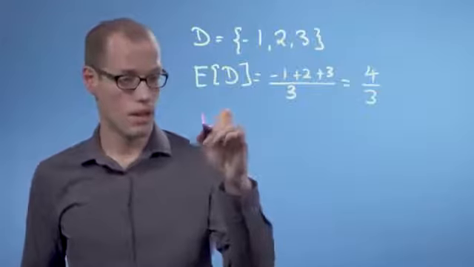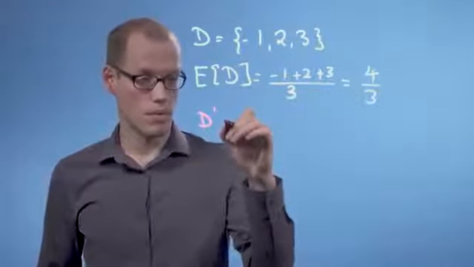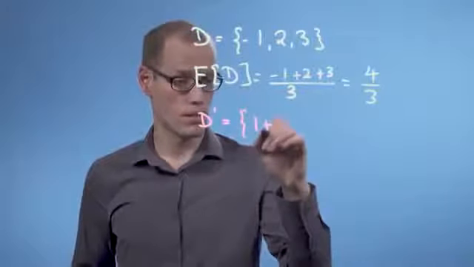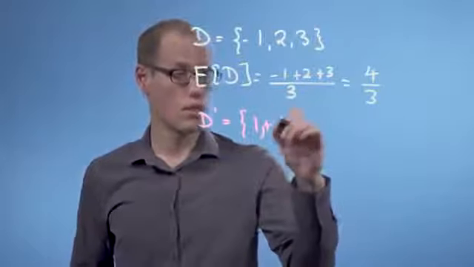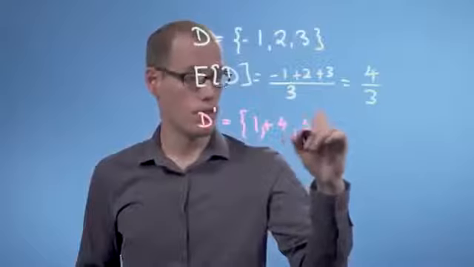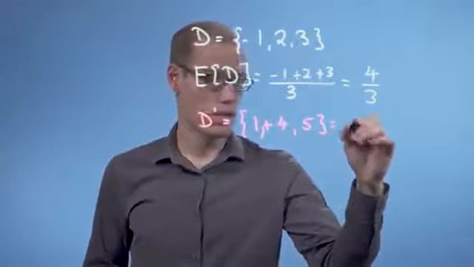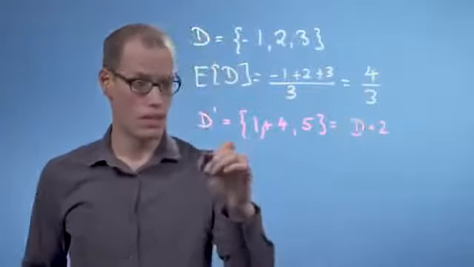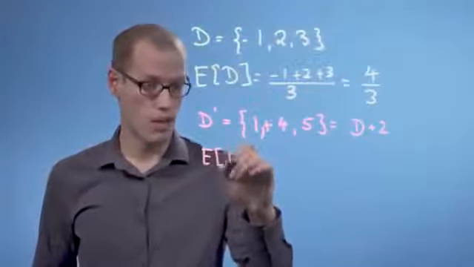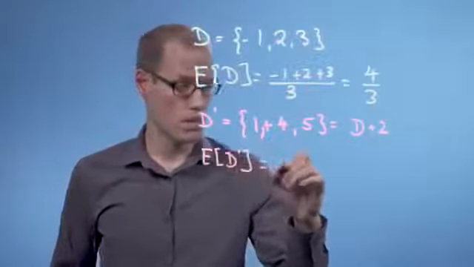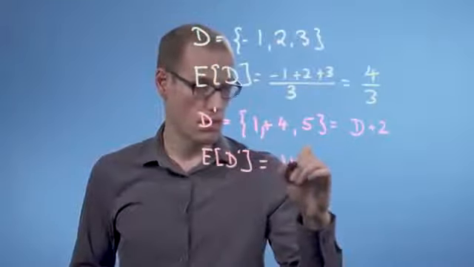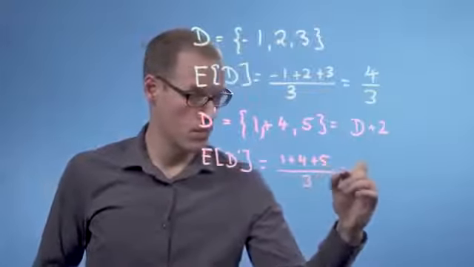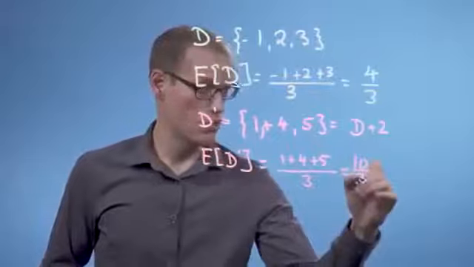So let's define D prime to be the data set 1, 4, and 5, which is D plus 2 for every individual component in D. Then the expected value of D prime is 1 plus 4 plus 5 divided by 3, which is 10 over 3.